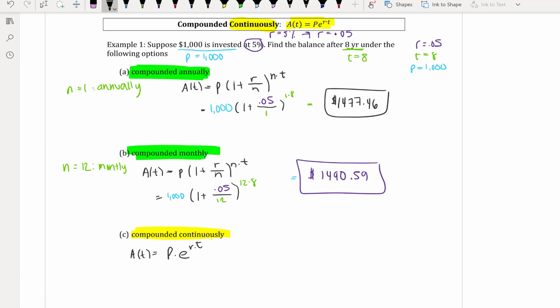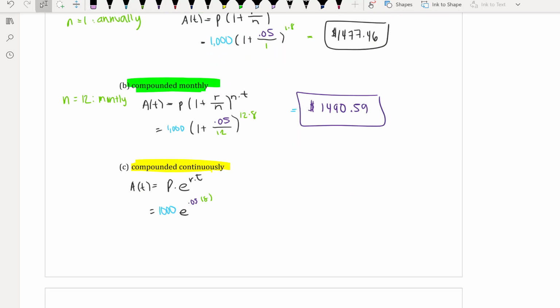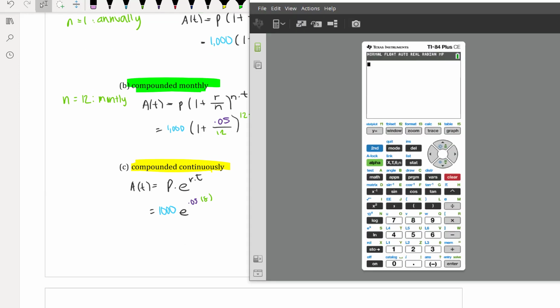And the R and the T has not changed, or even my principal amount. So I already have all of my information. My P value was that 1,000. E is a number just like pi. My R is that 0.05, and that T value is 8. So I'm going to plug that into my equation and see what I get.